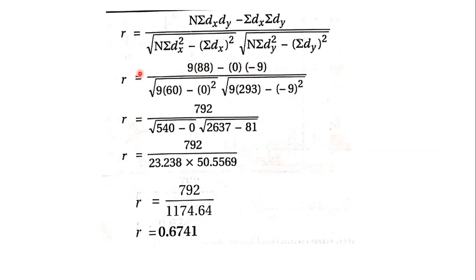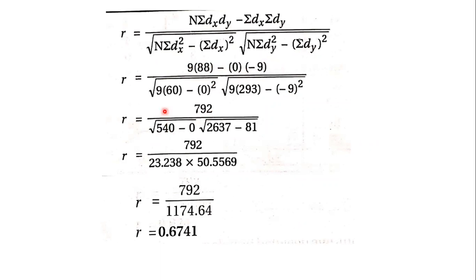Then whole completely divided by square root of 9 into sigma dx square is 60, sigma dx whole square is 0. So 0 square. Then again n into, that is 9 into sigma dy square is 293 minus sigma dy is minus 9 whole square. Then if you simplify this in the numerator, you get 792.